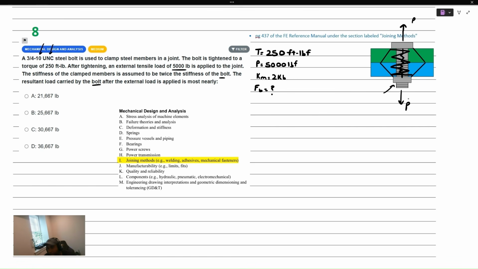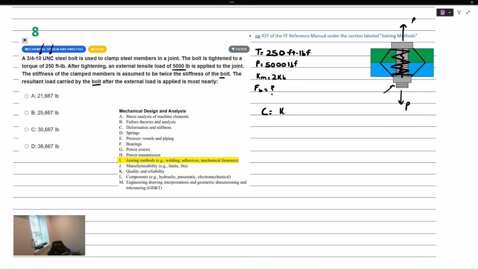And once we think about it like this as a system of springs, it's intuitive to understand that not all of the externally applied load is going to be going into the bolt. Some of it is going to be used to elongate the bolt as we pull the joint apart, and some of it is going to be used to reduce the compression in the members. The parameter that contains this information is referred to as the joint coefficient.